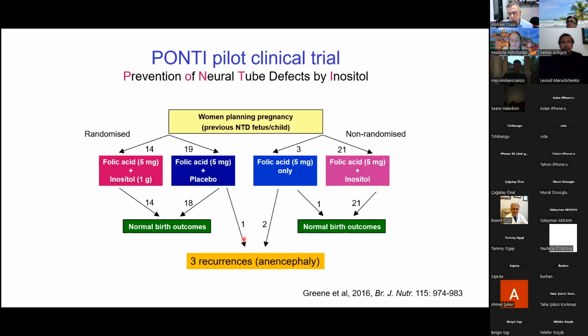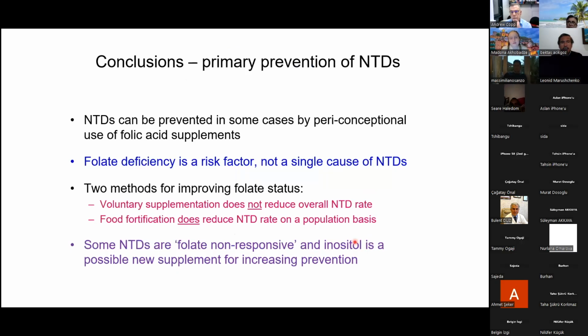The recurrences came only from the groups that took folic acid alone. We've had no recurrences from anybody who's taken folic acid and inositol. And so in terms of primary prevention, I think the world has got to the situation where periconceptional use of folic acid is known to be effective.